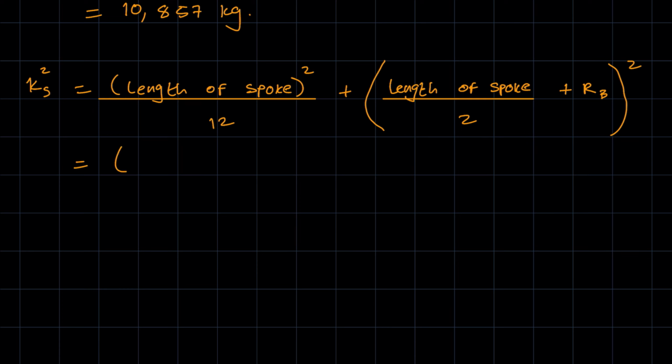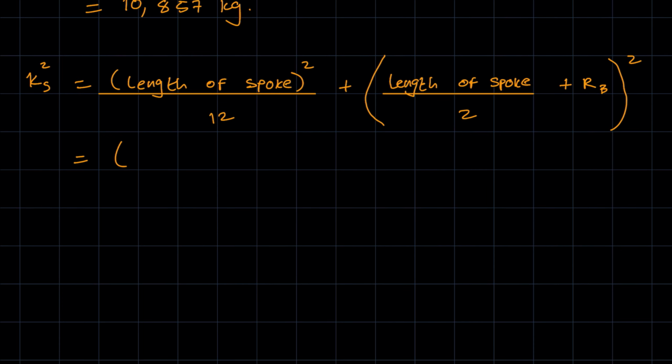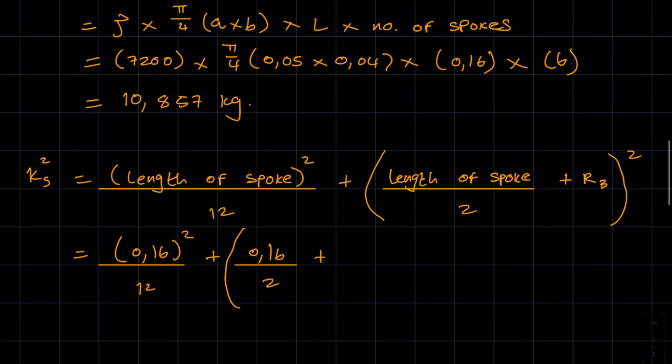Length of the spoke, we've already established that it's 160 millimeters. So this would be 0.16 squared divided by 12, plus length of the spoke, which is 0.16, divided by 2, plus the radius of the boss.